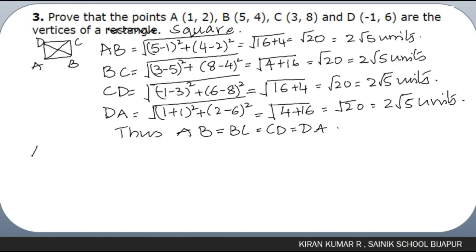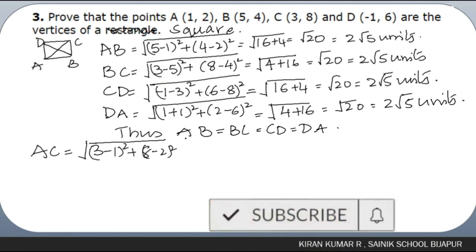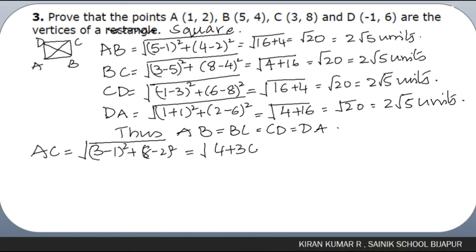Let us find out the diagonals also. AC will be 3 minus 1 whole square plus 8 minus 2 whole square taken under root. This will be equal to root of 4 plus 36, which is a root of 40, nothing but 2 root 10 units.